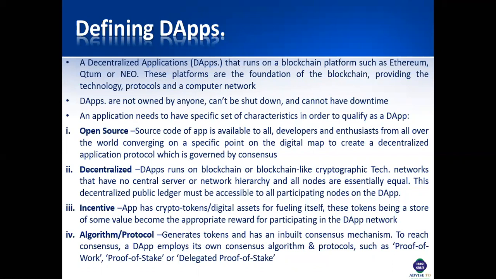All nodes can't be shut down at a time, because these nodes are not under the control of any administrator kind of role. Most of the nodes remain running 24/7, and if there are problems in one or two nodes, that particular node will be shut down, but not the entire ecosystem.